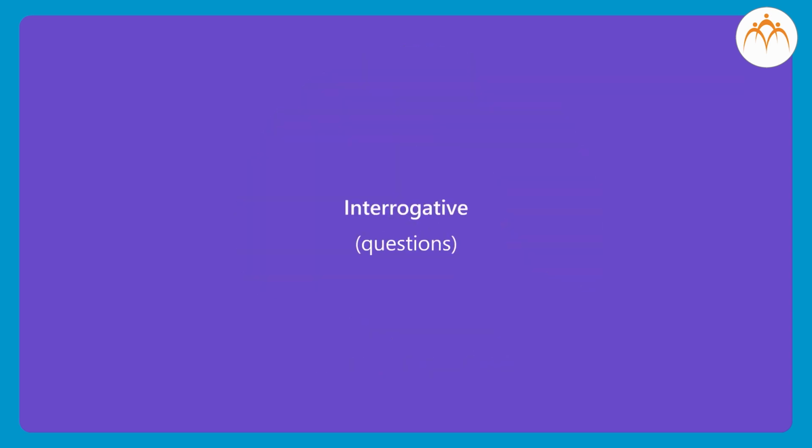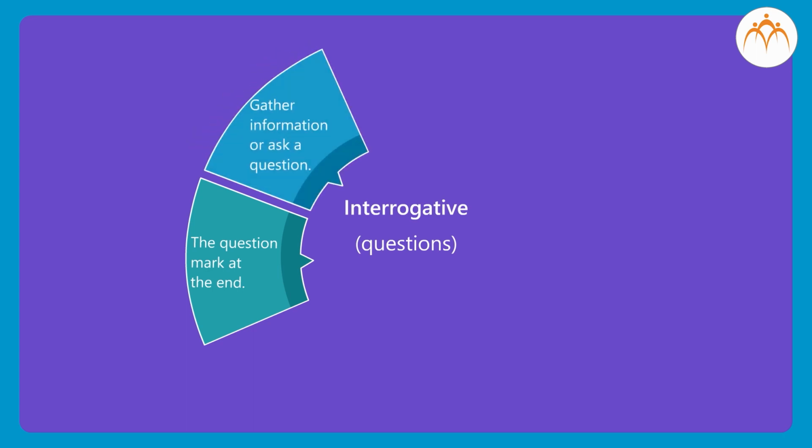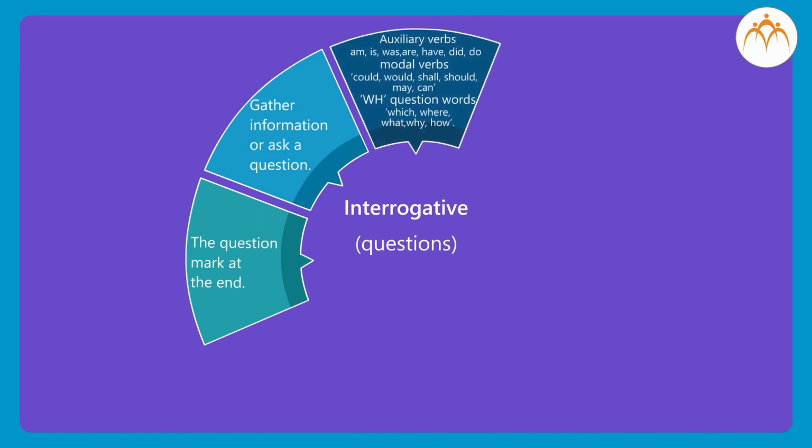The third type is interrogative, that is questions. Interrogative sentences are very easily identified by the question mark at the end. They are used to gather information or ask a question.